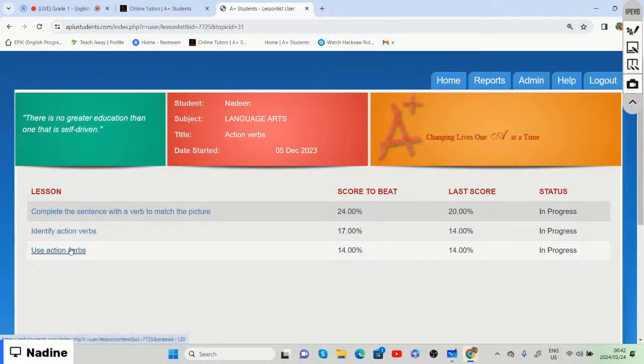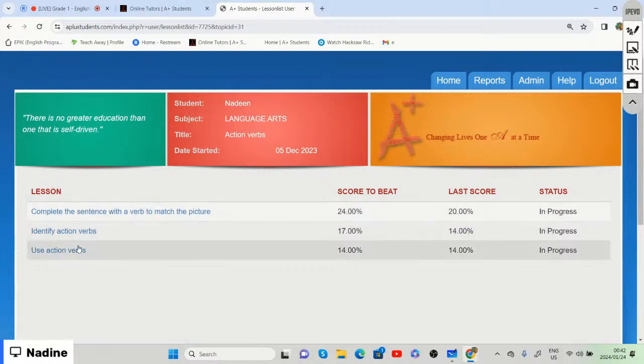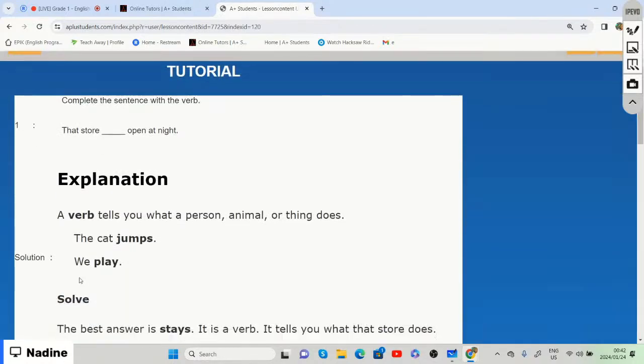So now we're going to use action verbs, right? We identified the action verbs. Now we're going to use the action verbs. So we need to complete the sentence with the verb.